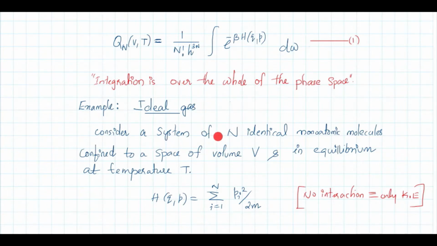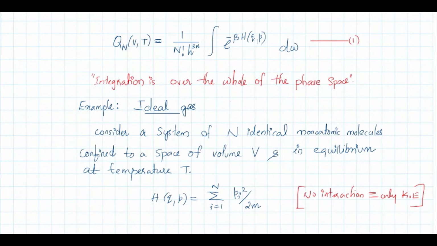Consider a system of n identical monoatomic molecules confined to a space of volume V and in equilibrium at temperature T. Why are we considering monoatomic molecules? Because then we have no need to consider vibration, rotation, etc. For a single atom, there is no possibility of vibration, rotation, etc. So we are considering just the kinetic energy.